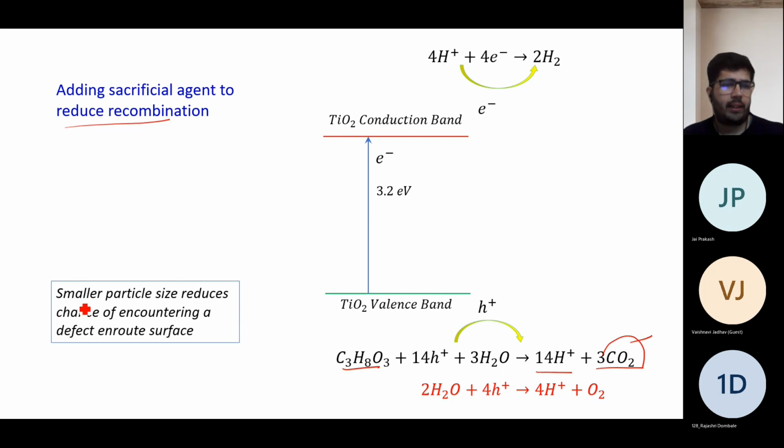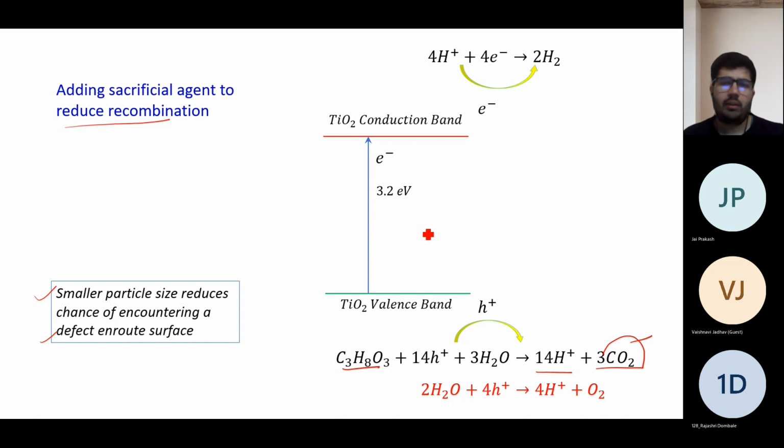Again, a smaller particle size reduces the chance of encountering a defect on the surface. If we reduce the particle size, the reaction rate will increase and there will be a lesser chance of recombination.